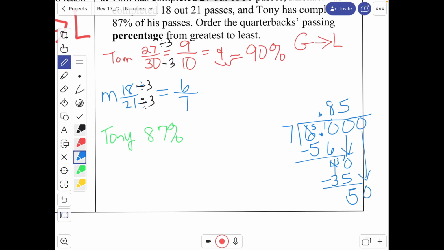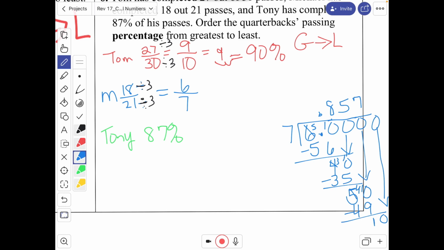Bring down a 0. How many times does 7 go into 50? 7 times, because 7 times 7 makes 49. No, nothing has repeated yet. We have 1 left over. It seems like this is going to keep going for a while.